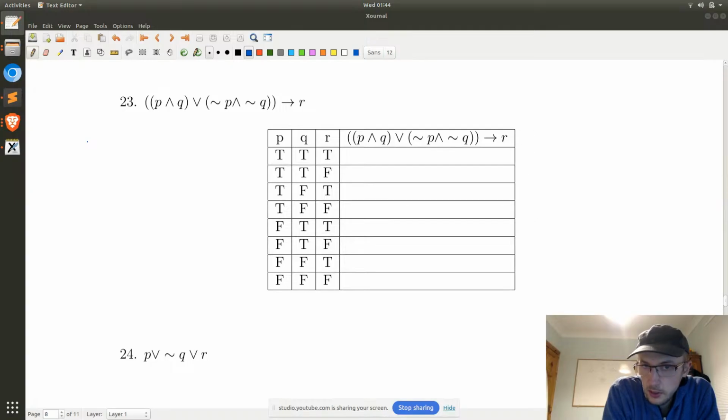Okay, so when R is true, the whole R, okay, implication is the main connective. True implies true. It's true. True implies false. It's false.